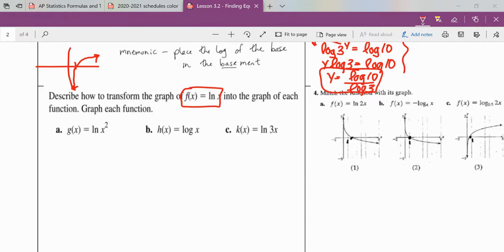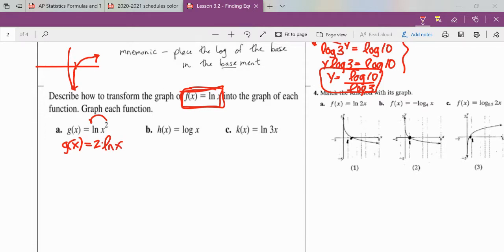So we're looking at describing how these graphs would be moved. Sometimes, if we start with f of x equals ln of x, it might help us to use some of our log properties to rewrite this. So I'd have g of x equals, bring this 2 out front, 2 times the ln of x.